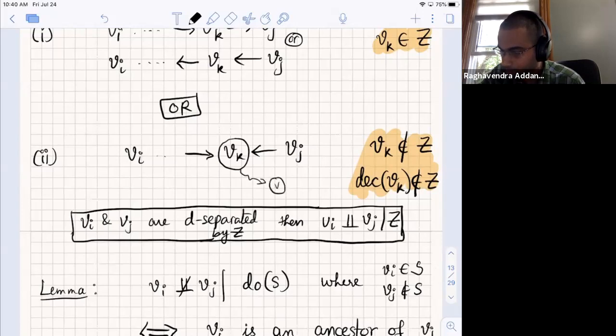If there's a path between Vk and Vk prime, we can just contract this path and assume that Vk prime is accounted for by Vk, and say that none of these descendants should be in this set Z. So once again, we should never condition on the collider if we want to block the path.